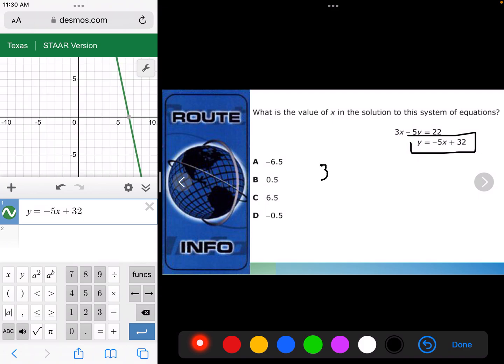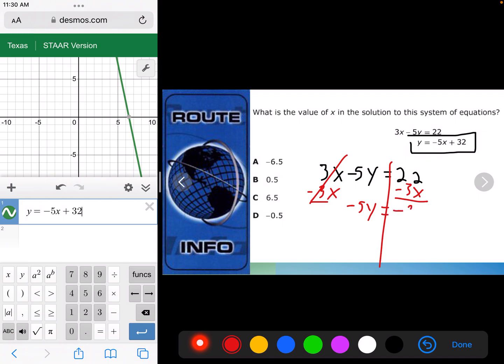The second one, the first one, we need to solve for x or solve for y. Again, doesn't matter what you solve for, you can move the 3x over again, or you can move the y term over. Let's just keep it consistent, so let's solve for y. So we get rid of that positive 3x by subtracting 3x. So negative 5y equals negative 3x plus 22.